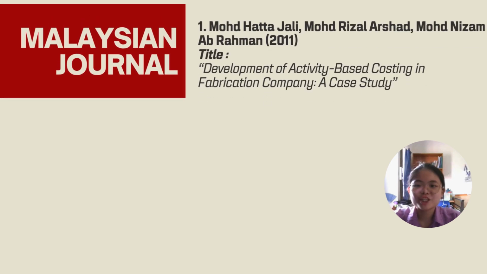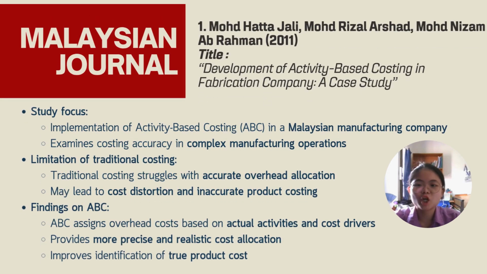The first Malaysian journal article is titled Development of ABC in Fabrication Company. The article studied the implementation of ABC in a Malaysian manufacturing company. The researcher explained that traditional costing systems may not accurately allocate overhead costs, especially in companies with complex manufacturing activity.